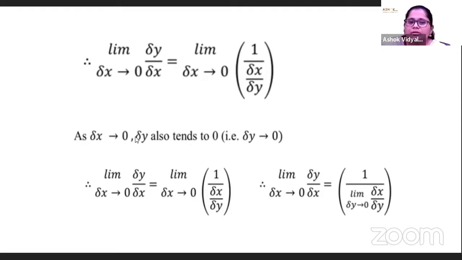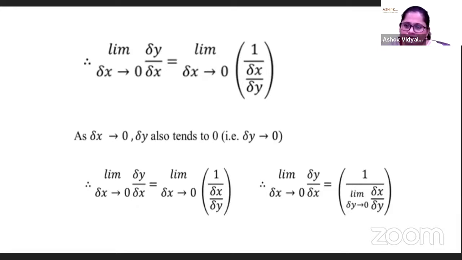We saw the proof of this condition, delta x tends to 0 as delta y tends to 0, in the previous lecture. Therefore, the limit of delta y by delta x as delta x tends to 0 is the limit of 1 upon delta x by delta y as delta x tends to 0. Now separate the limit: 1 upon the limit of delta x by delta y as delta y tends to 0. We change here delta x tends to 0 to delta y tends to 0.